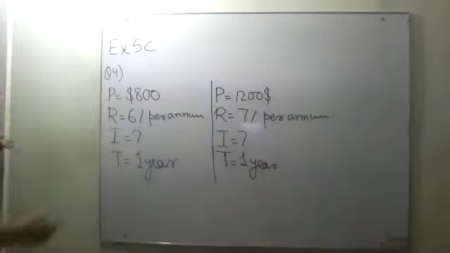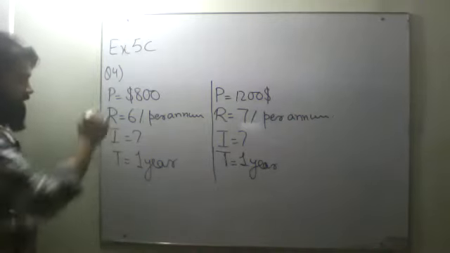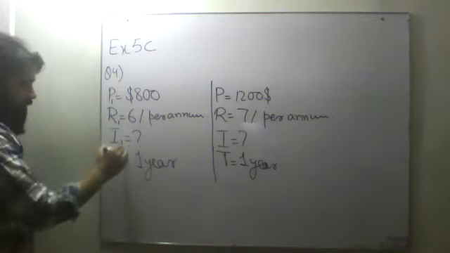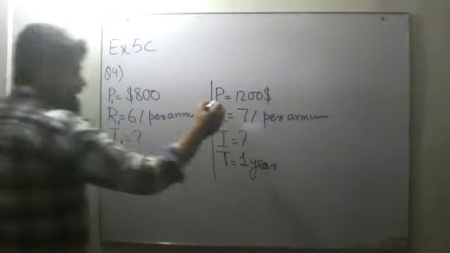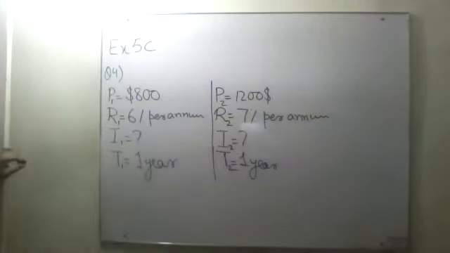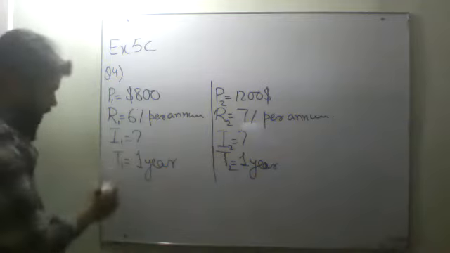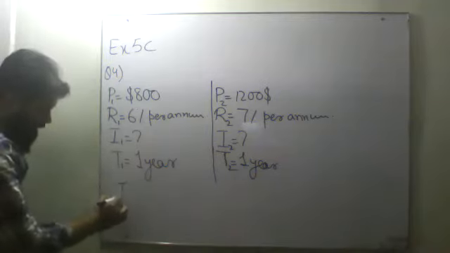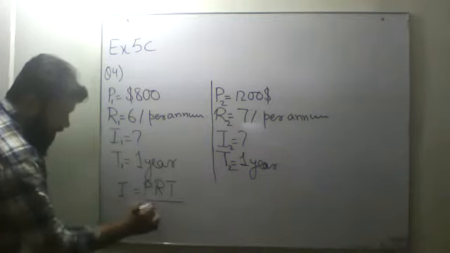Now, just to make a distinction, I am writing all of these as P1, R1, I1, T1, and these ones as P2, R2, I2, and T2. You don't have to, it's your choice. So now I equals PRT over 100.